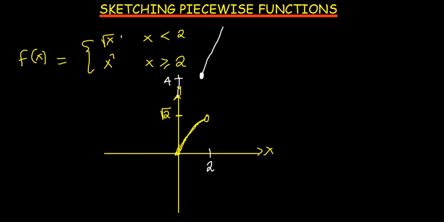Because remember, it was supposed to be coming down like this, and then come like this, and then continue like that. But when it starts from this point and goes up, that is the sketch of that function. Do not write the one which I've written in dotted lines. Okay, so that is how you get to sketch this one.